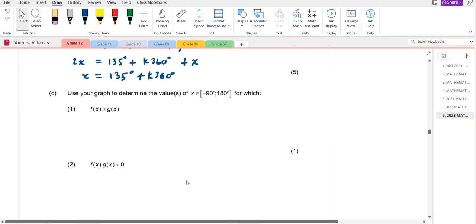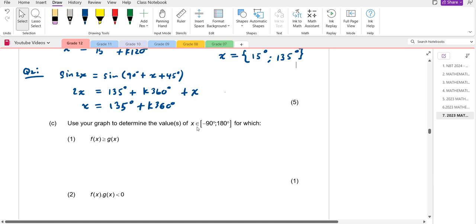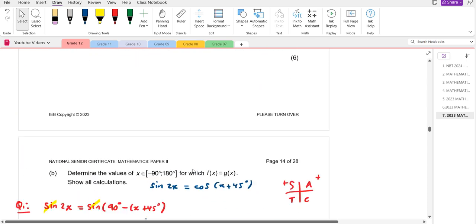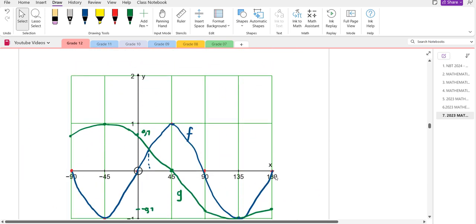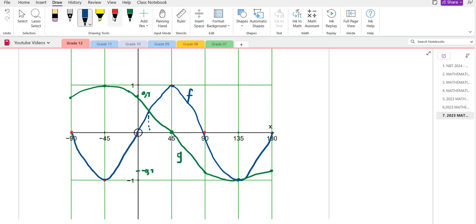Next one, use a graph to determine the values of x for which f of x is greater than g of x. Where's the f graph above the g graph? So obviously you need to add the 15 and the 135, so we know. So this is 15 and that's 135. So where's the graph of f above the graph of g? We can see this is g above f, so from 15 degrees to 135 degrees to 180.